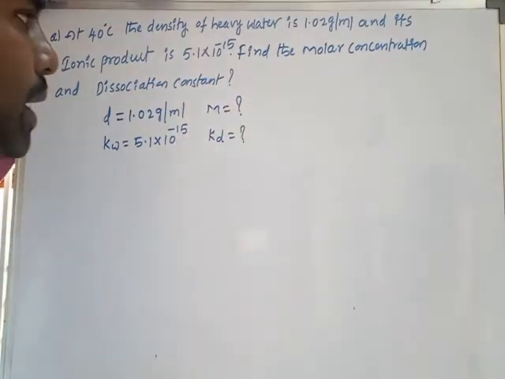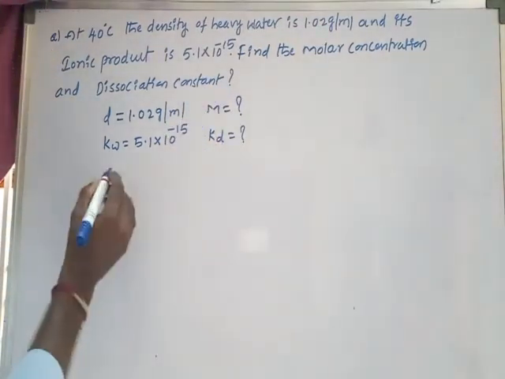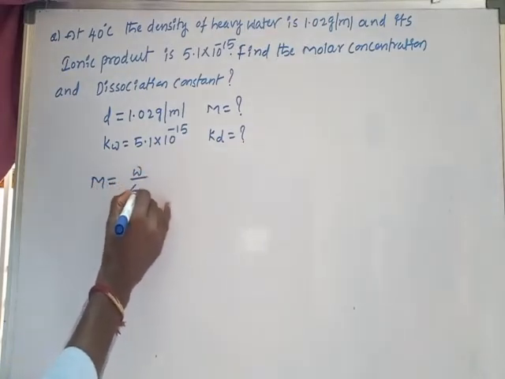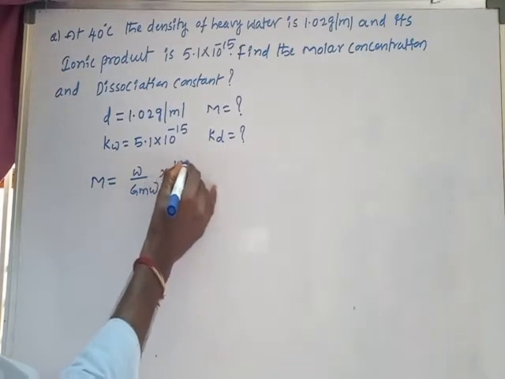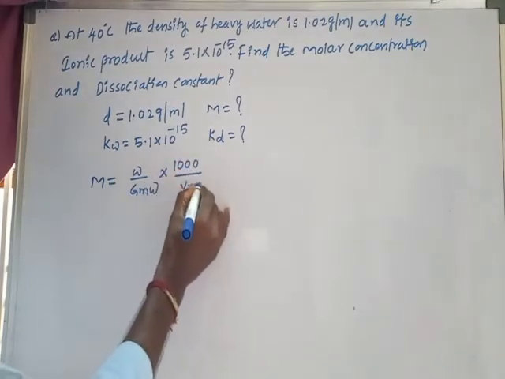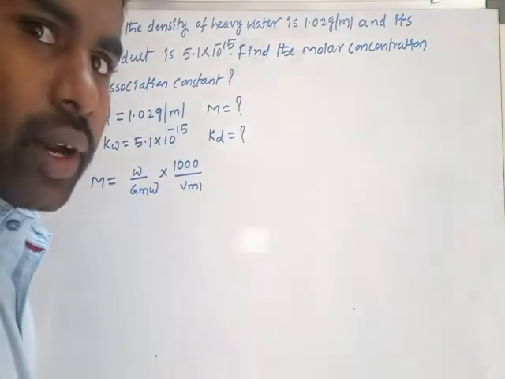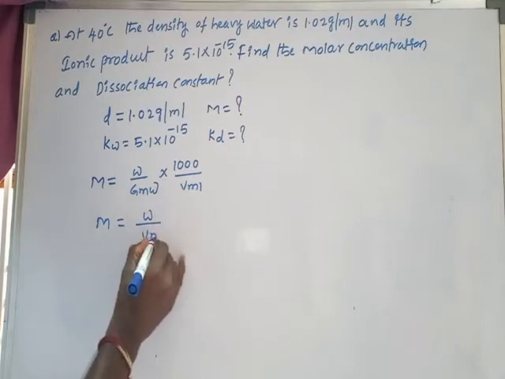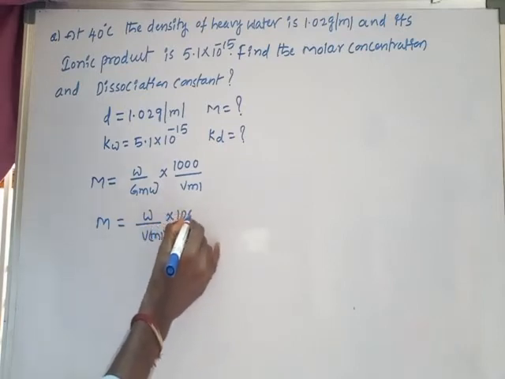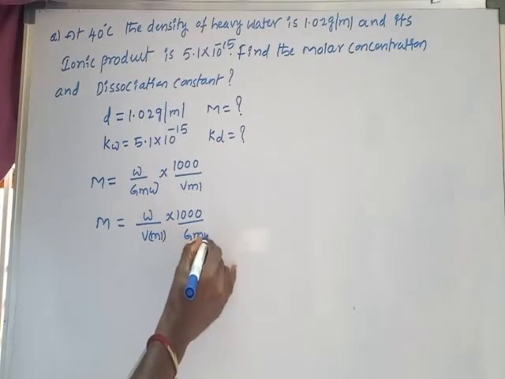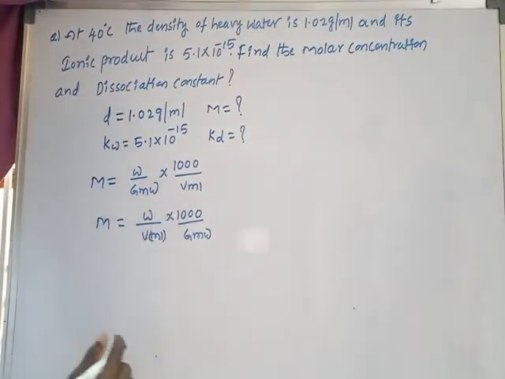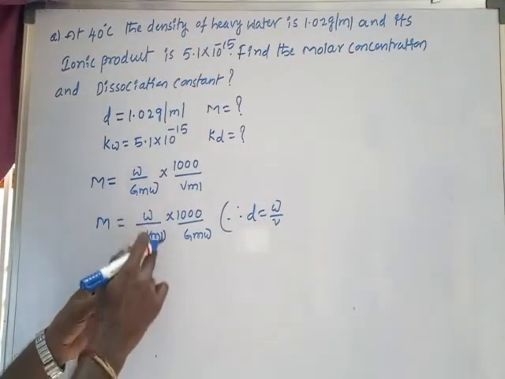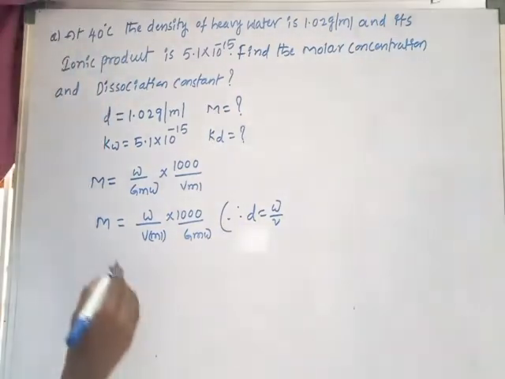First let me calculate the molar concentration. We have one formula: molarity equal to weight by gram molecular weight into 1000 by V in milliliter. So this is the formula for molarity. Next, molarity equal to weight by volume in milliliter into 1000 by gram molecular weight. We already know density equal to weight by volume, so in place of weight by volume I am going to write density.